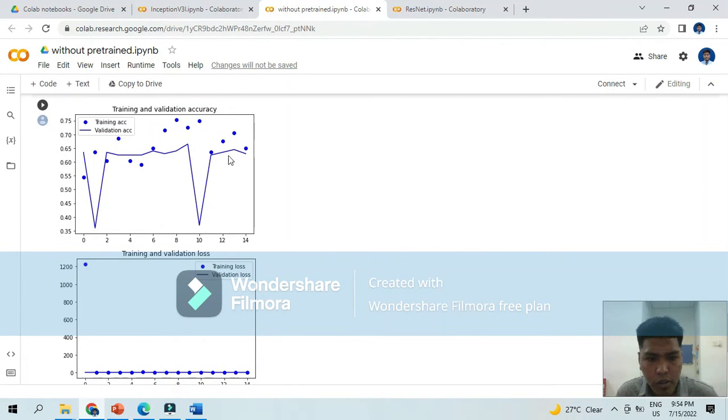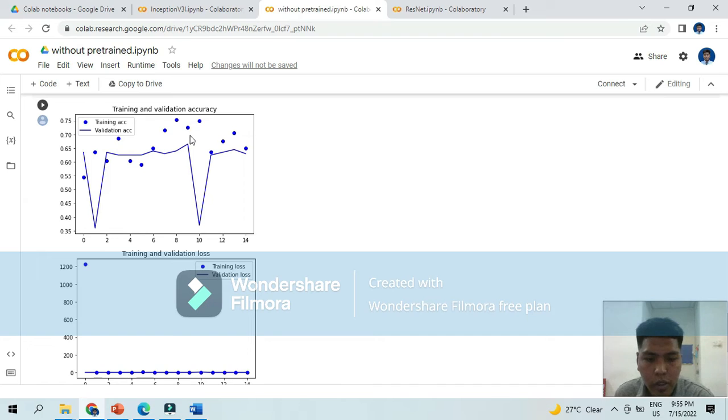For figure 1, the result shown is the training and validation accuracy output graph. For this task, the steps per epoch value is 10, while for epochs the value used is 15.